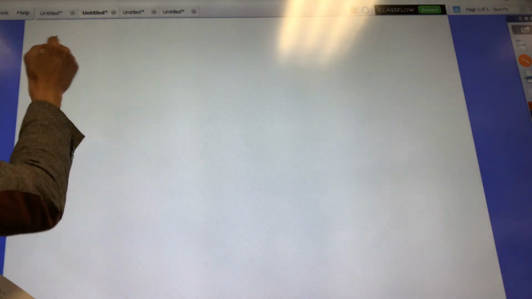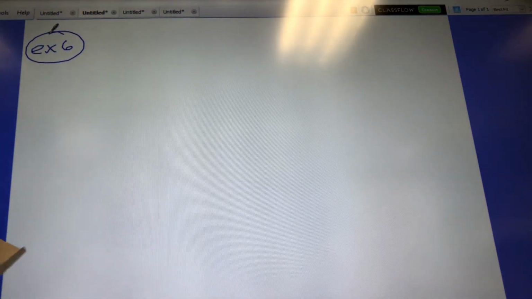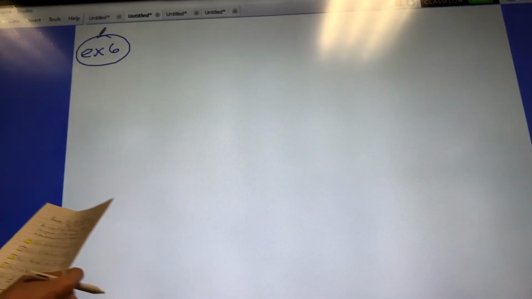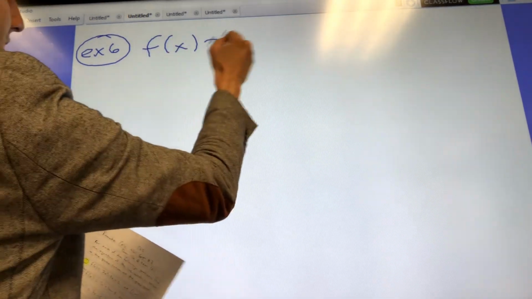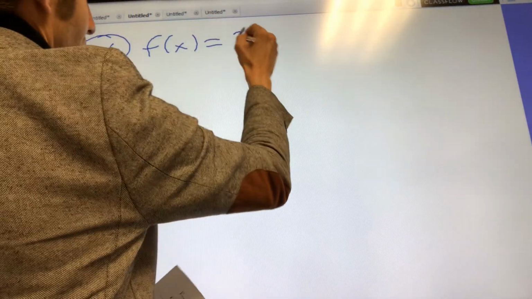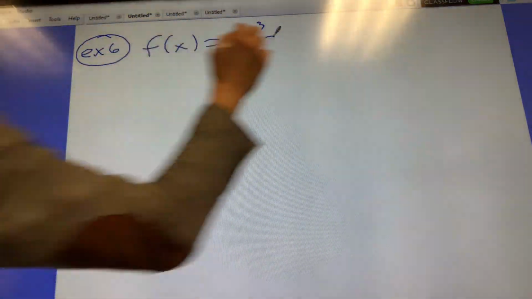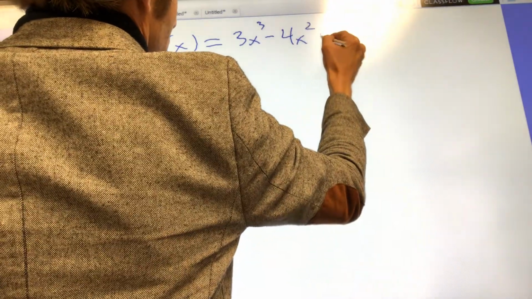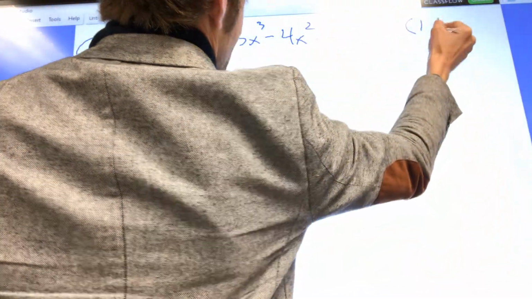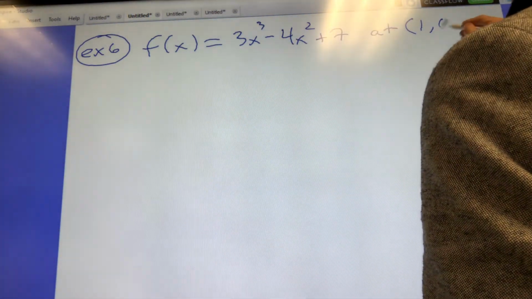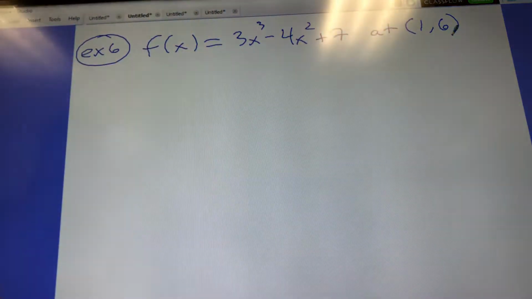Example 6. f of x is 3x to the third minus 4x squared plus 7 at, what would that be, 1/6? 1/6 it is, at 1/6.